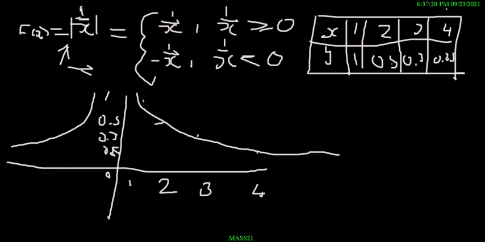So let's say we've got an equation like this that says x plus 1 with a modulus here. What this means is that first we're going to make this into a piecewise function.